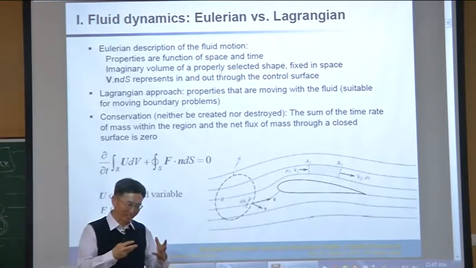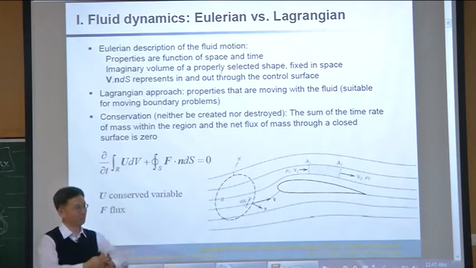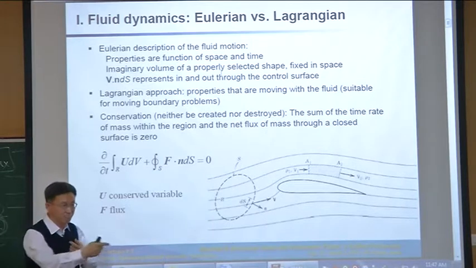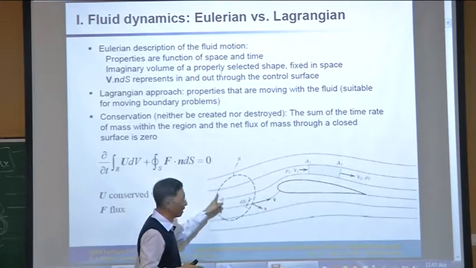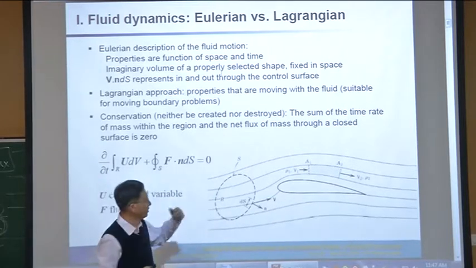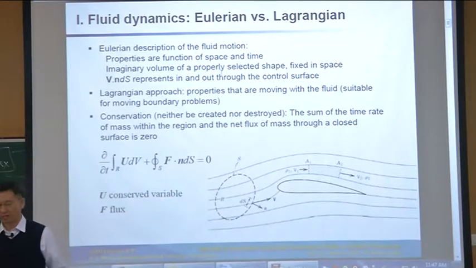So students can picture the fish. Under the water, there is a control volume, and the fish will come through the control volume. So you just count how many fish come in, how many fish go out. By doing so, you can describe fluid motion.